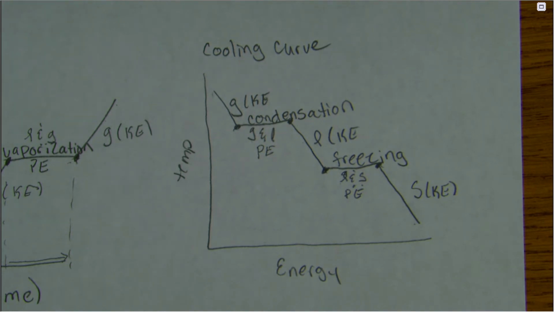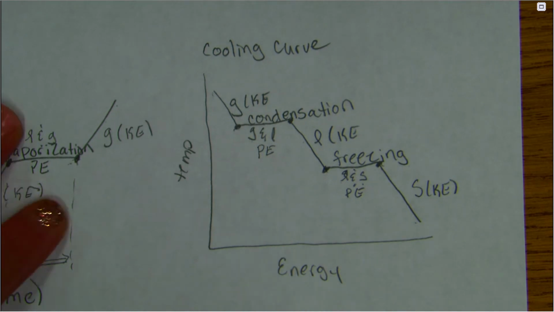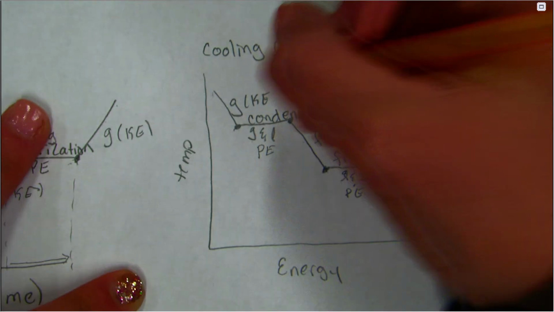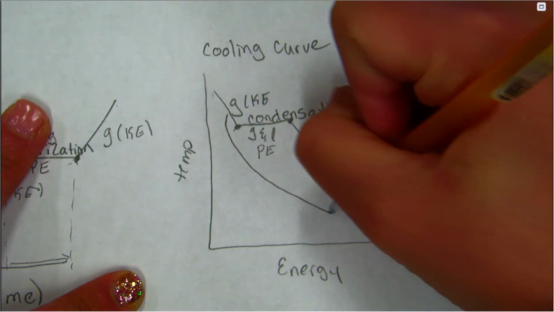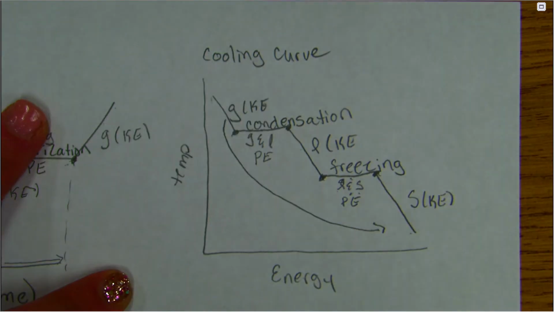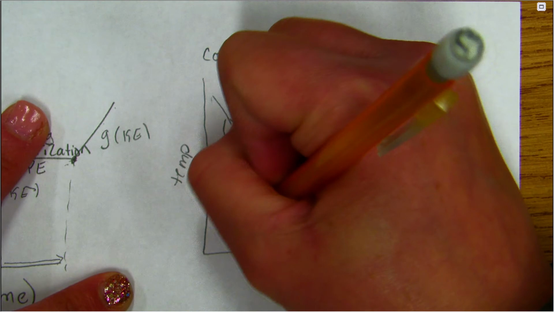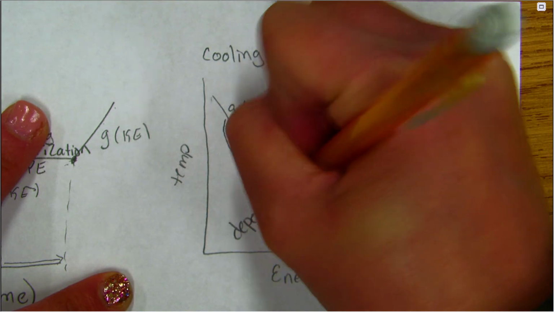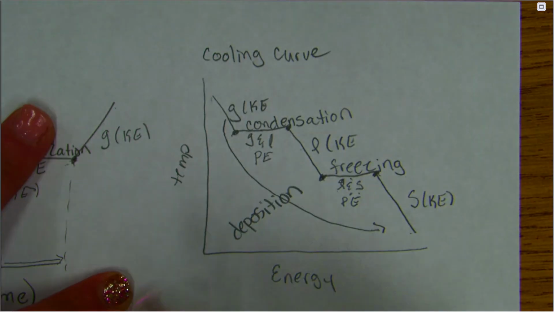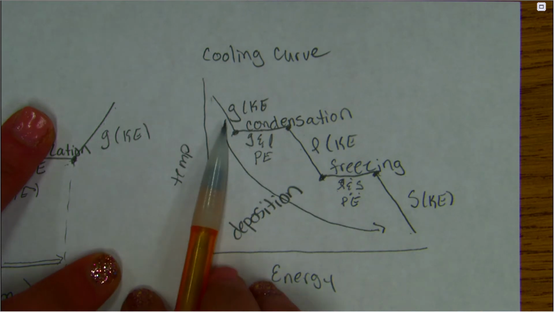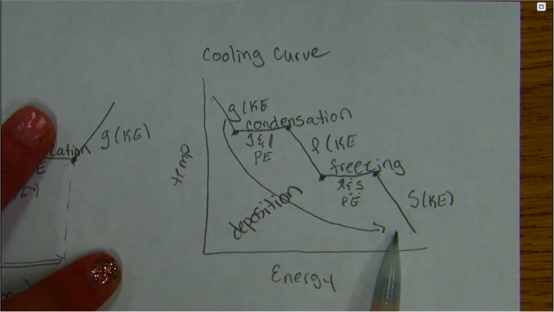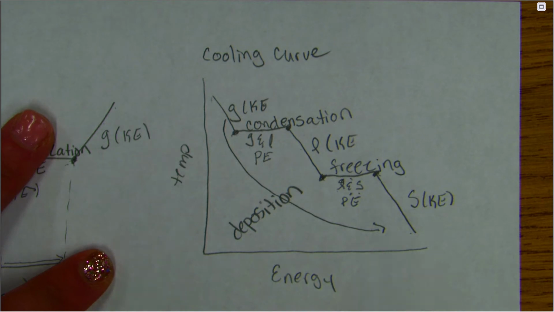One additional thing which you may or may not know: it is possible to go directly from a gas to a solid without passing through the liquid phase. We call this deposition. This is what causes snow to form. Gaseous water in the atmosphere goes directly to a solid. This is what gives snow the properties that it has, that fluffy part.